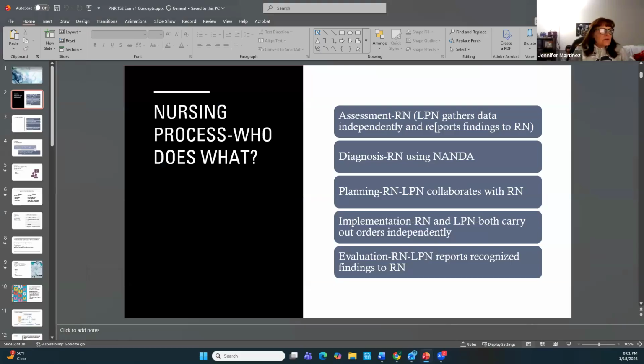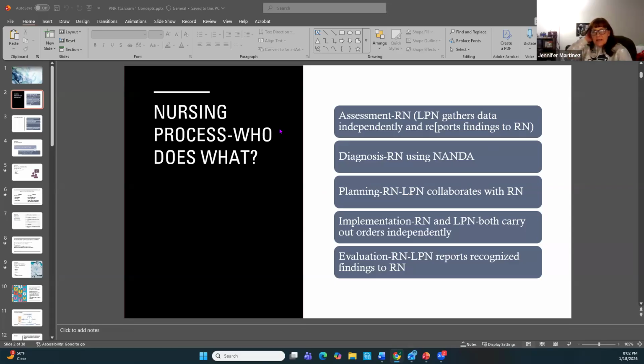All right. So we'll start with the nursing process. So who does what? We know with the nursing process, the registered nurse is going to have an independent role in all parts of the nursing process. With LPNs, the LPN can independently do the data collection and implementation.